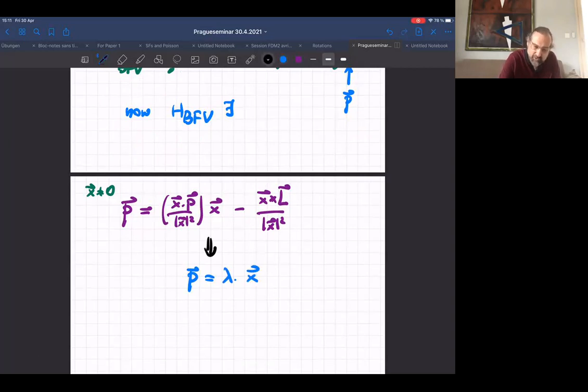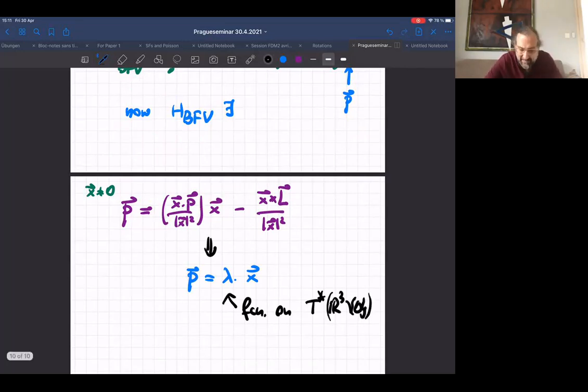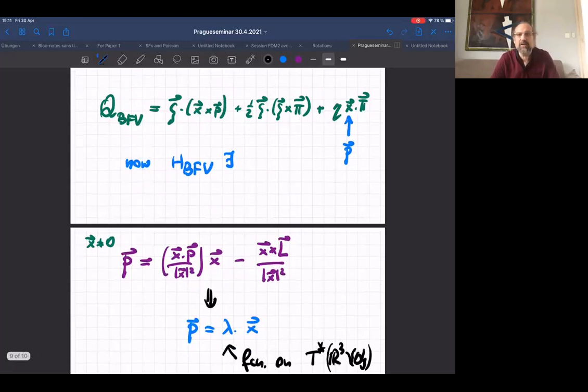And this is a function on D star R3 without origin. And now the situation that one of them has a BFV extension which is super simple, the other one doesn't have one, suggests somehow that probably none of the two is correct.